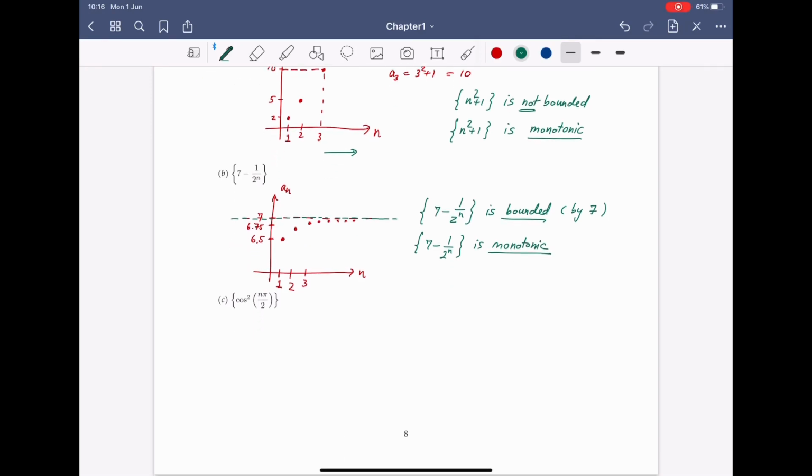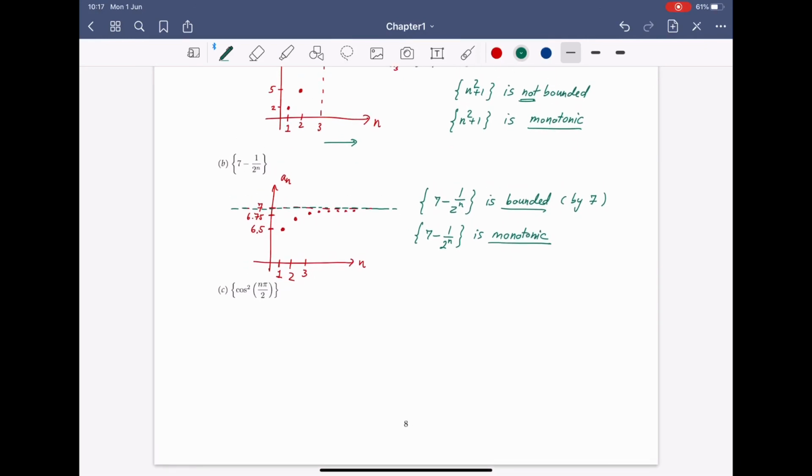All right, the last one I have is cosine square of n pi over 2. So we have to manipulate this first. a1 is cosine square pi over 2, so this thing is 0. a2 is cosine square 2 pi over 2, which is cosine square pi, and this is 1. a3 is cosine square of 3 pi over 2, which is also 0.